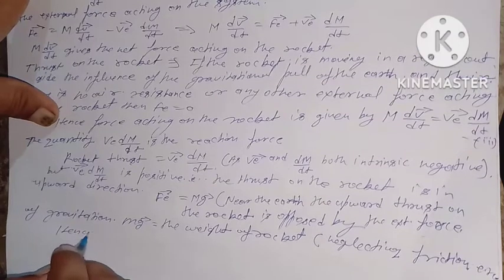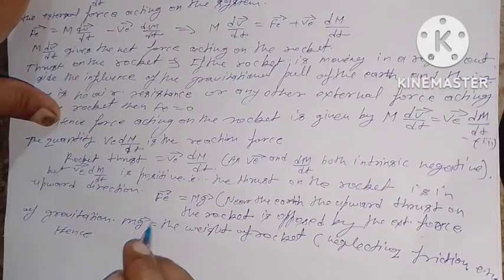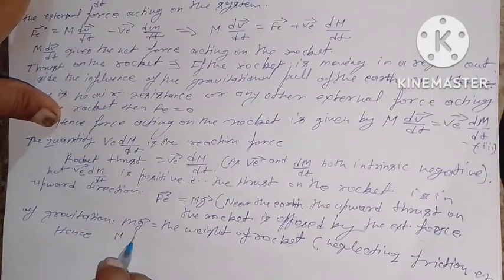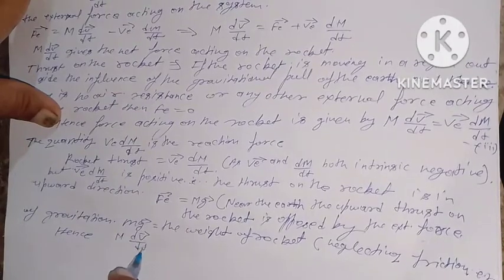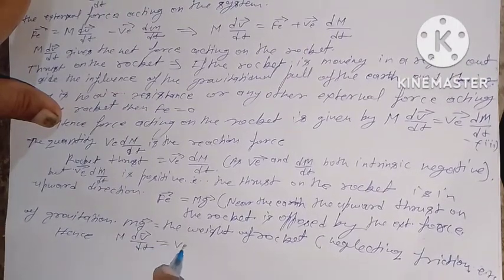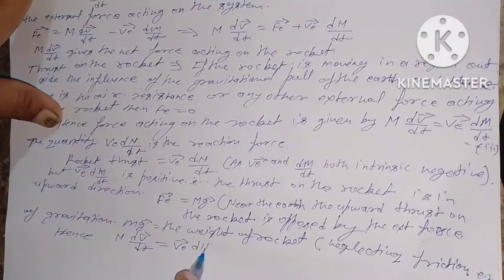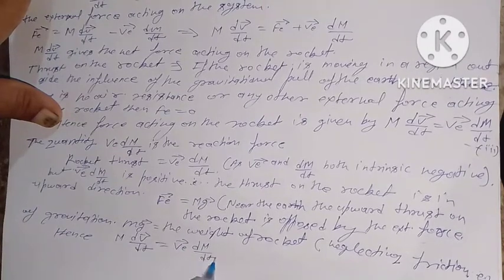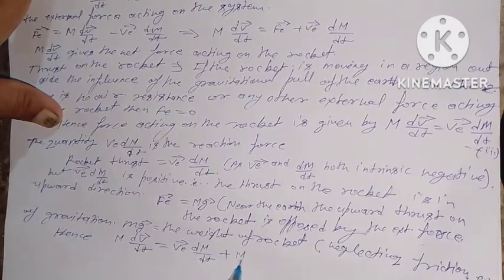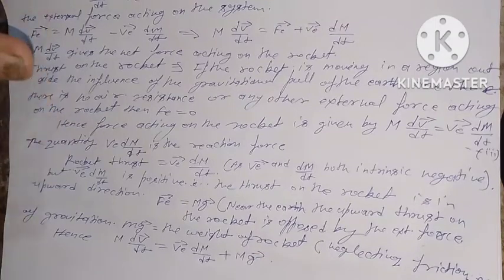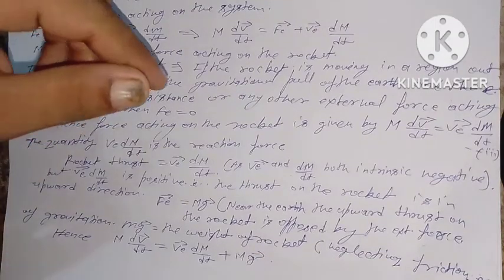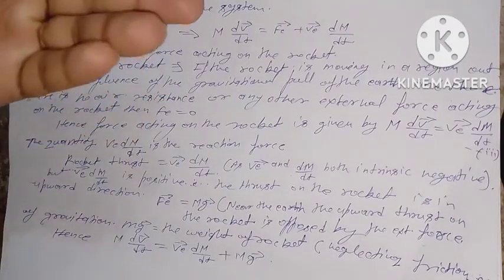Hence capital M dv vector upon dt equal to ve vector dm upon dt plus mg vector, where g is a negative quantity as g acts in the downward direction.